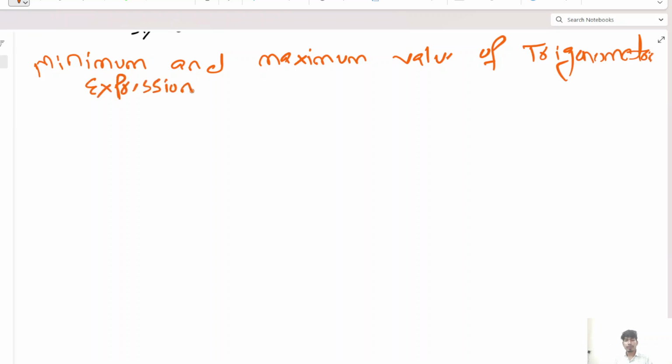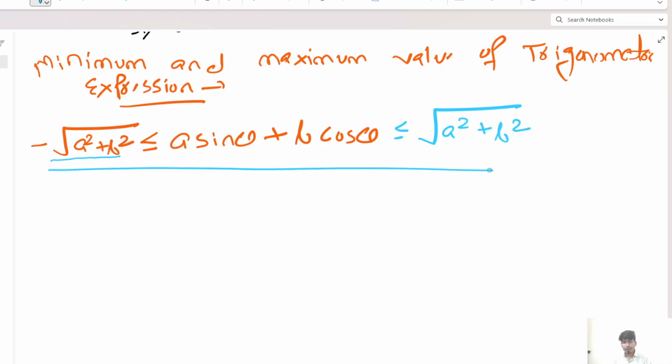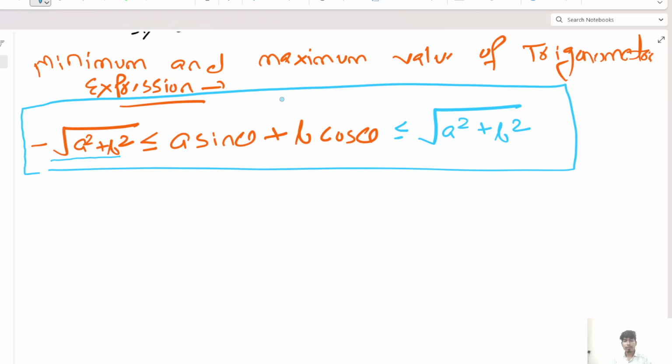We have seen this type of expression, a sin theta plus b cos theta. This is less than or equal to the under root of a square plus b square, and greater than or equal to minus of the under root of a square plus b square. This is also a main important remark, an important note.